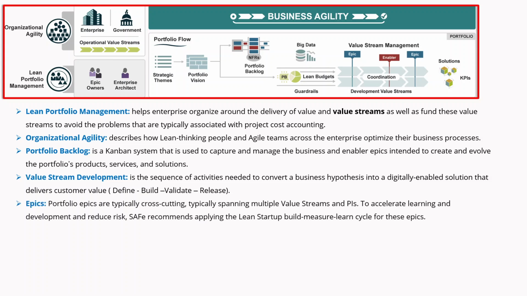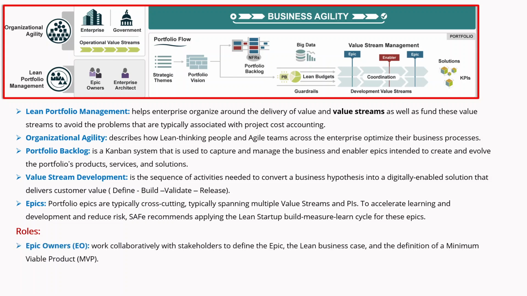So the epics, here we have the portfolio epics, are typically cross-cutting, typically spanning multiple value streams and PIs to accelerate learning and development and reduce risk. SAFe recommends applying the lean startup build, measure, learn cycle to these epics.